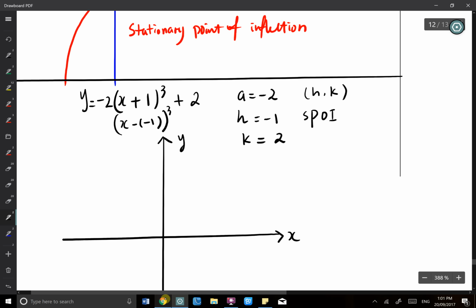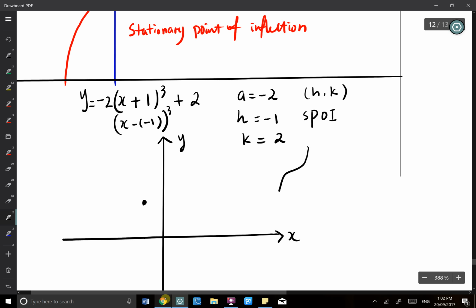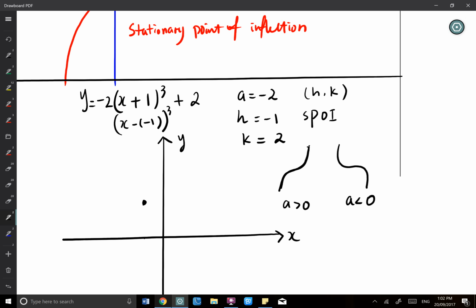And then we look at the a value. I know the shape will be this shape or this shape, depending on the a value. A is greater than 0 for this one, and a is less than 0 for that. Decreasing for a less than 0, increasing for a greater than 0.